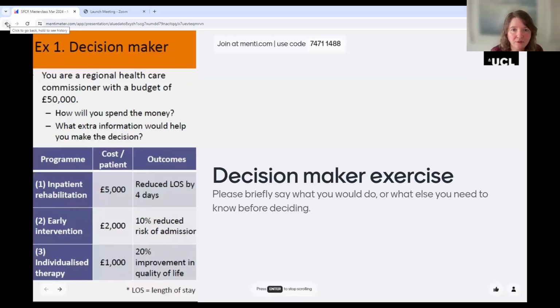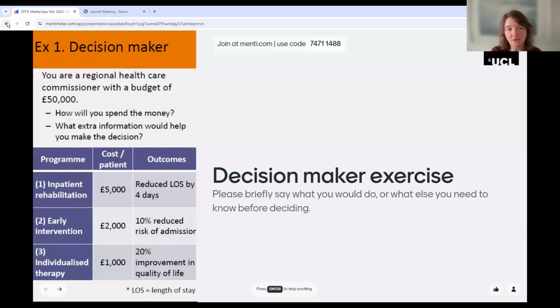Let's see. Yes, you're a regional healthcare commissioner with a budget of 50 grand. How will you spend the money? So you've got 3 different programmes here. Inpatient rehabilitation, £5,000 per patient, reduces the length of stay by 4 days. Then you've got early intervention in something, £2,000 per patient, for a 10% reduced risk of admission.